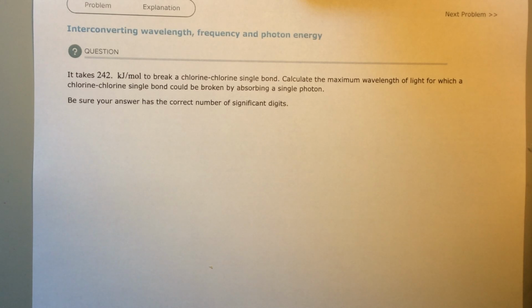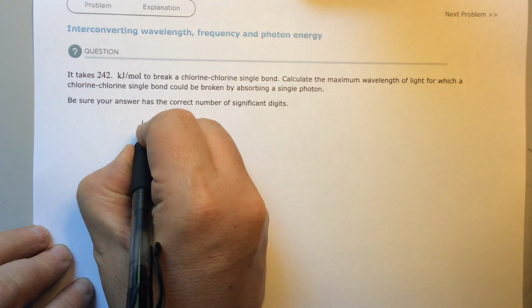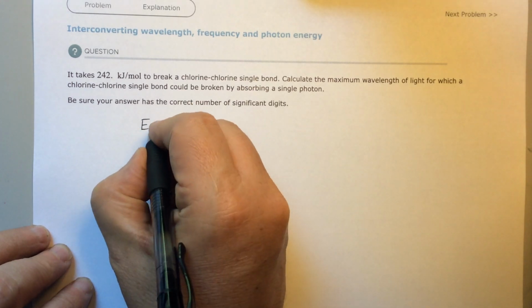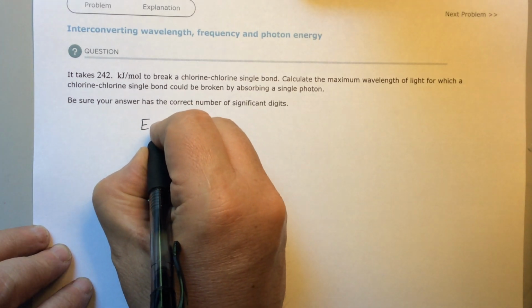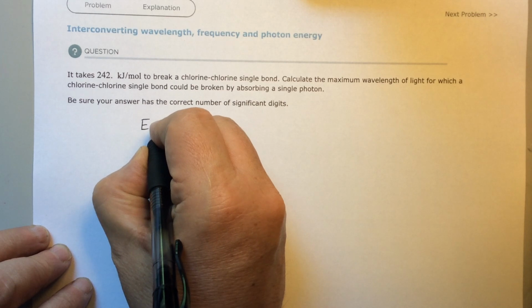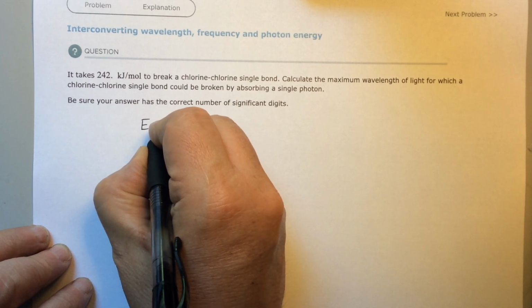I call this a hard question. I'll give you a little bit of information, though, that you don't know. There's a formula derived by a scientist named Planck.